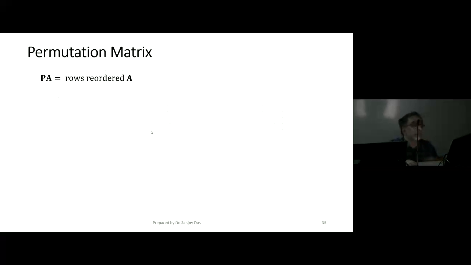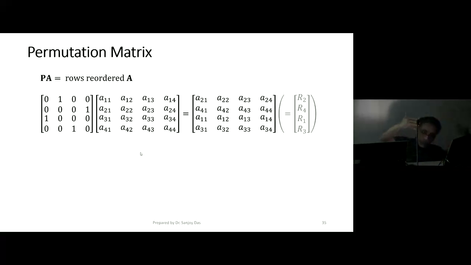So for rearranging rows, pre-multiply with a permutation matrix. For rearranging columns, post-multiply with the transpose of a permutation matrix, which is a permutation matrix too. So P times A is row-reordered A.